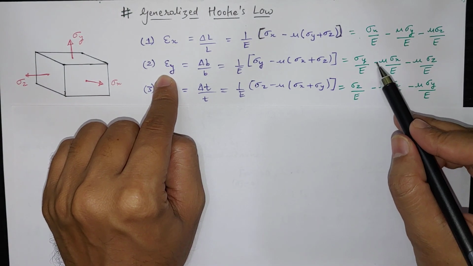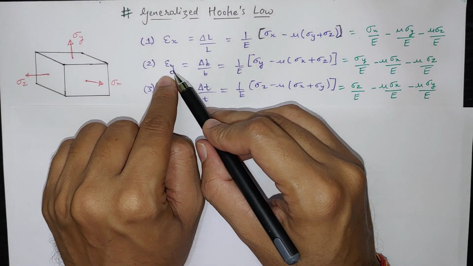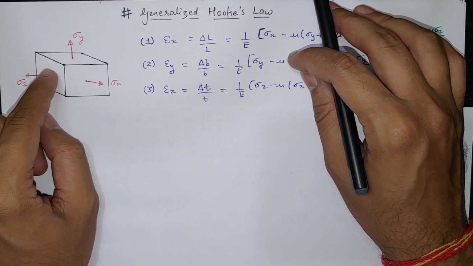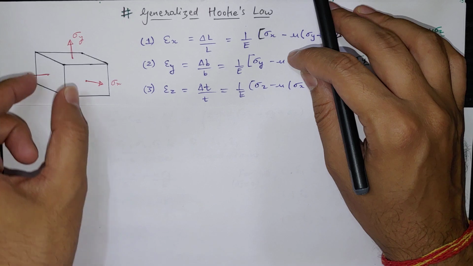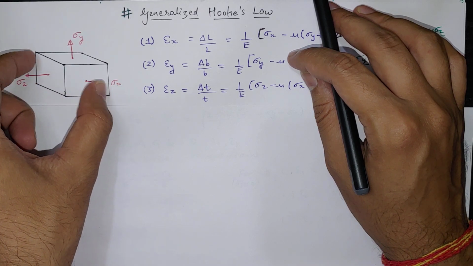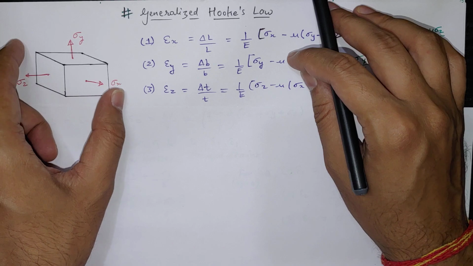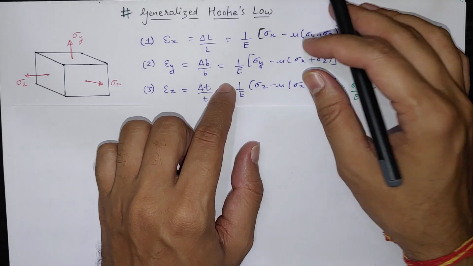So we have to multiply with minus mu, because it is reducing epsilon y. If we stretch it in x direction, the length in y direction will decrease. Epsilon x will try to increase the length in x direction. At the same time, it will decrease y and z direction length.